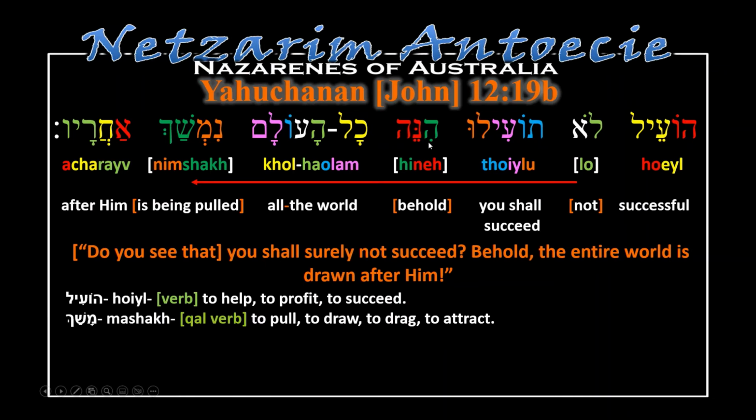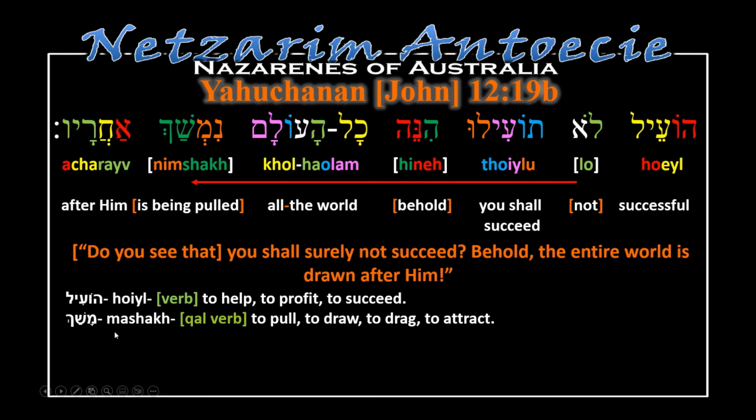And then we have hine, behold. Kol, again, the same story we had before. It's kol rather than kol. Ha'olam, the world. So all the world. Nimshak. So what is that? Is being pulled. With the nun, it's like an action already happened.